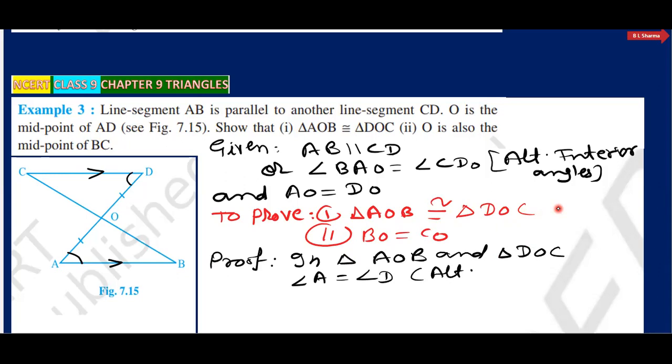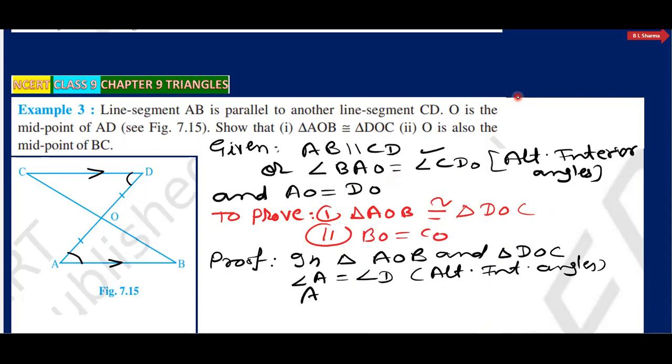See here, angle A is equal to angle D. These are alternate interior angles. देखिए, angle BAO is equal to angle CDO.